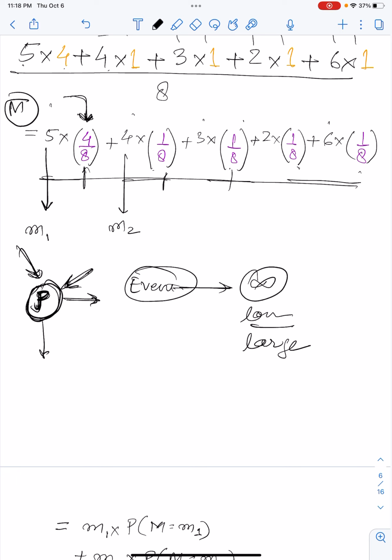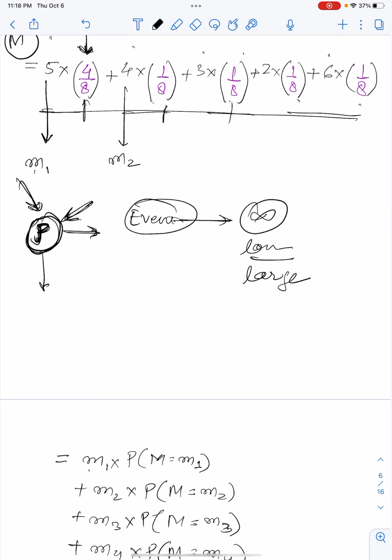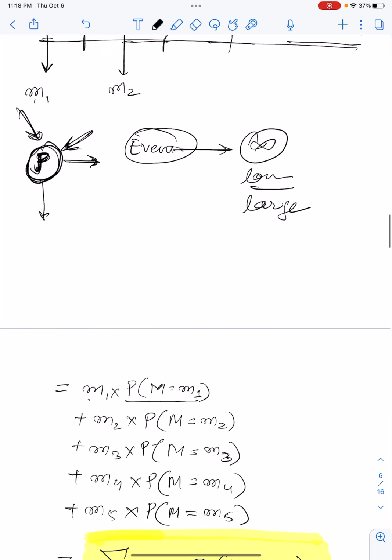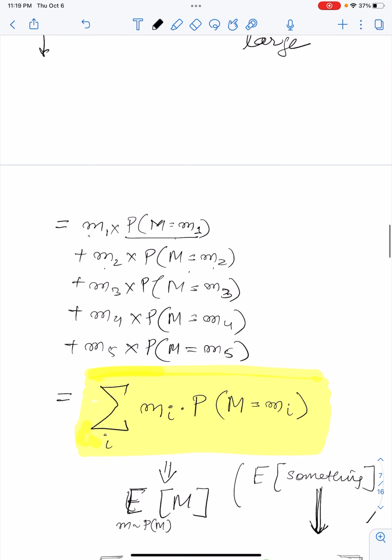Now if we reduce this to some symbols, this is actually just m1 times the probability or likelihood of m1 being there, then m2 times the probability of m2 being there, and so on and so forth. This can simply be the sum of whatever possible value can be assigned times the probability of that value being assigned to that variable.